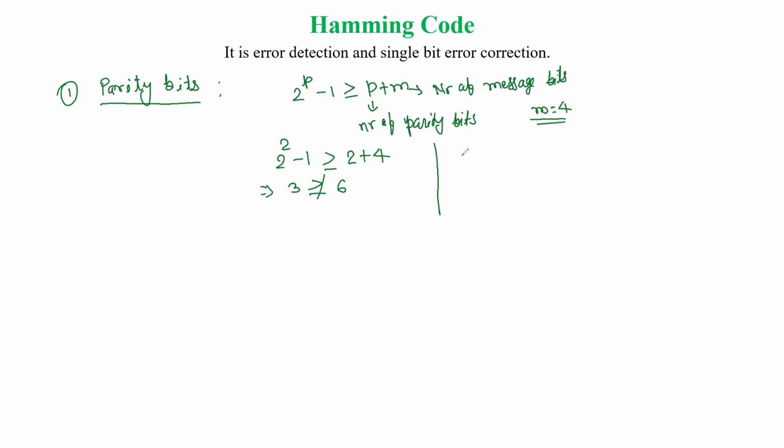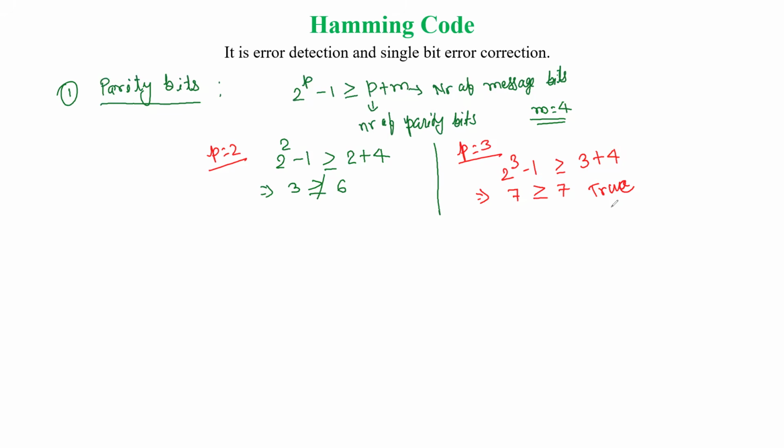So now we take another value of p. We took p equal to 2; now we take p equal to 3. In that situation, 2 to the power 3 minus 1 should be greater than or equal to 3 plus 4, since the parity bits are 3 and the message bits are 4. Now 2 to the power 3 is 8, minus 1 is 7. So this 7 is at least equal to 7, so this is true.